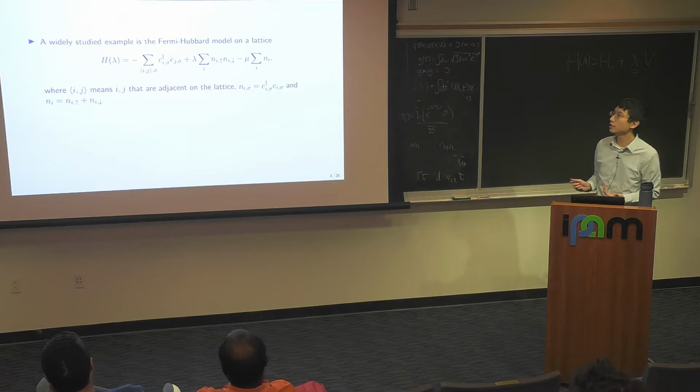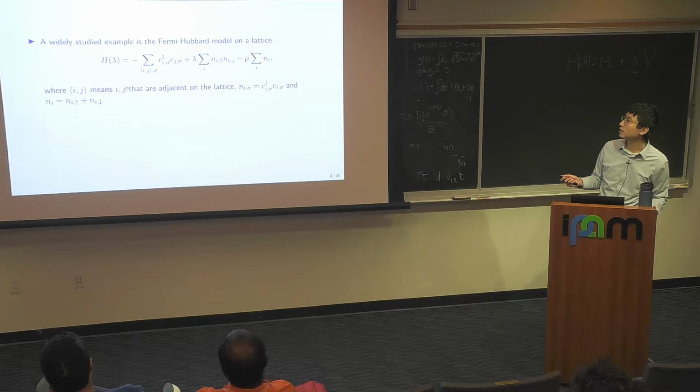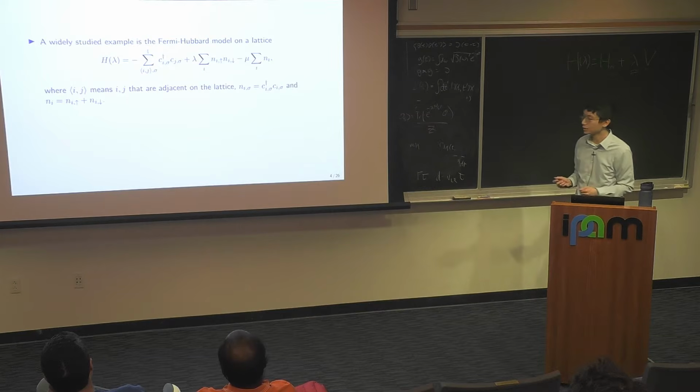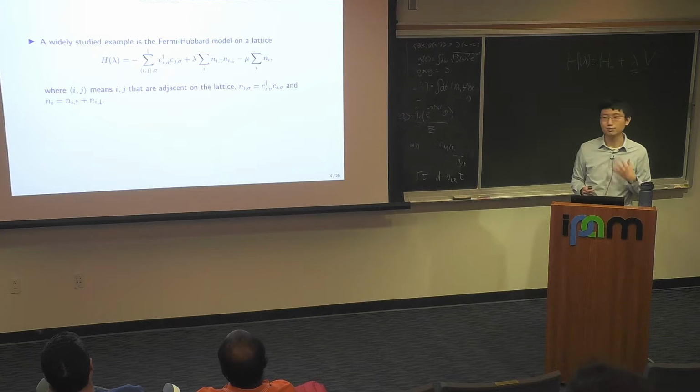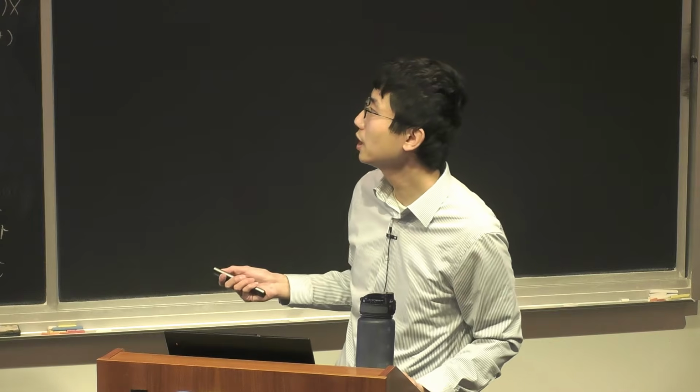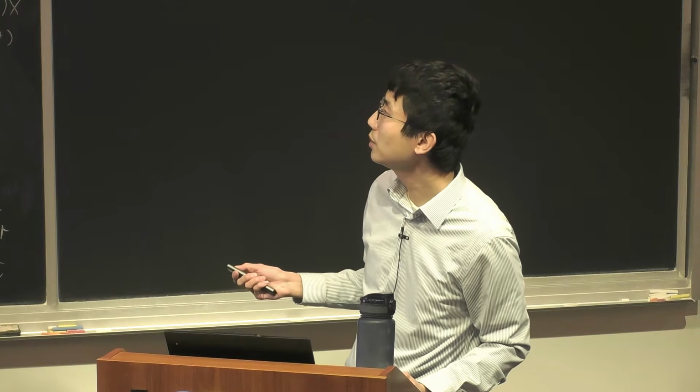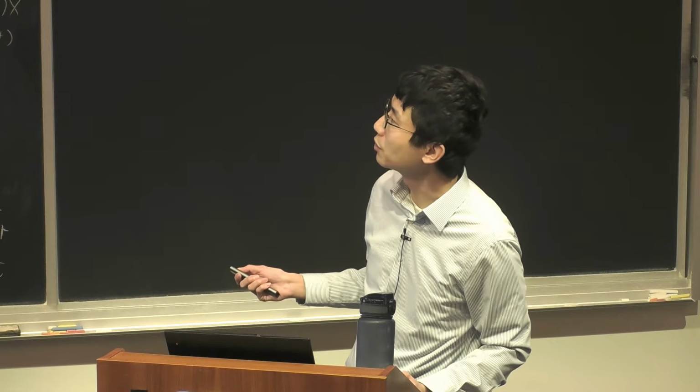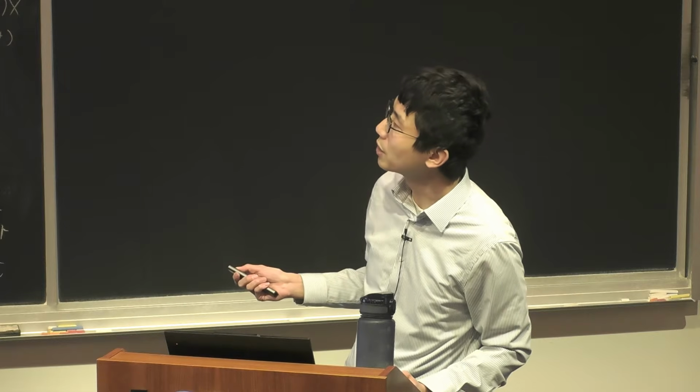A typical example is the Fermi-Hubbard model. So we consider this Fermi-Hubbard model on a lattice. For this model, the first term, you can see, is quadratic in the creation and annihilation operators. This describes the kinetic energy of your particles. Then we have this second term, which involves those occupation number operators.